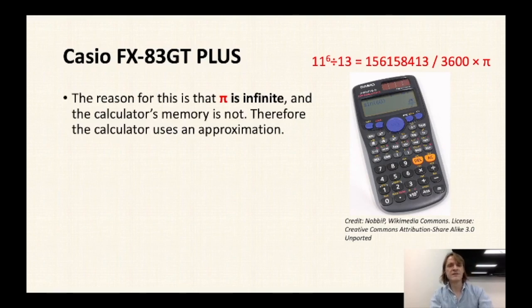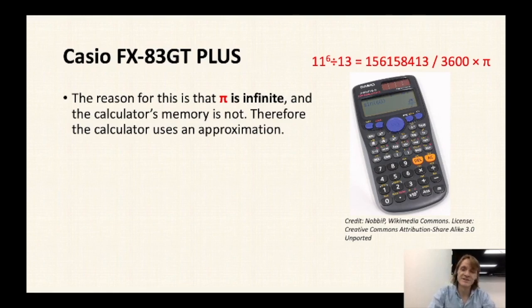The reason that this mistake is being made, by the way, is that pi is infinite. Again, by definition, there's an infinite number of digits after the decimal point. But the calculator's memory, by definition, cannot be infinite, because the power of our technology cannot be as infinite as mathematics is.